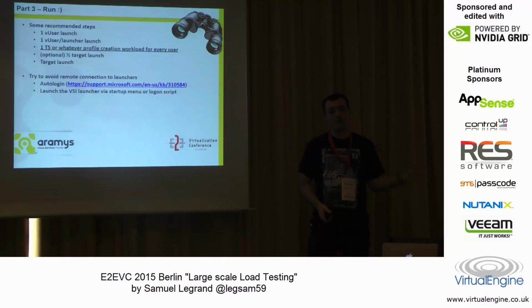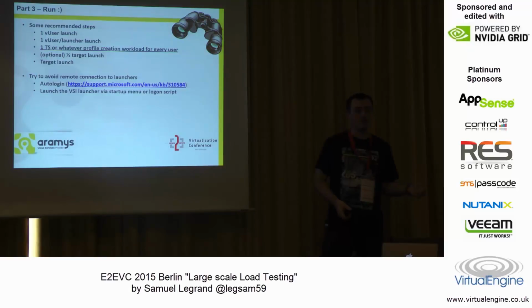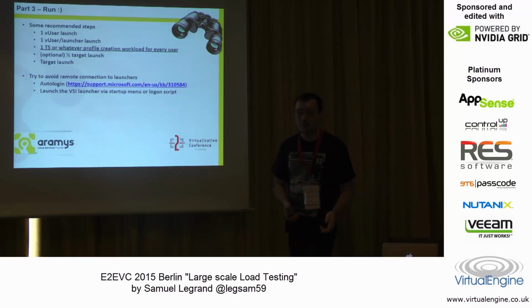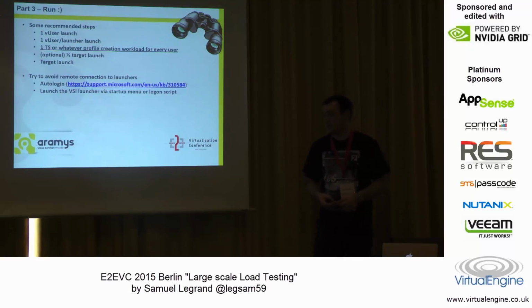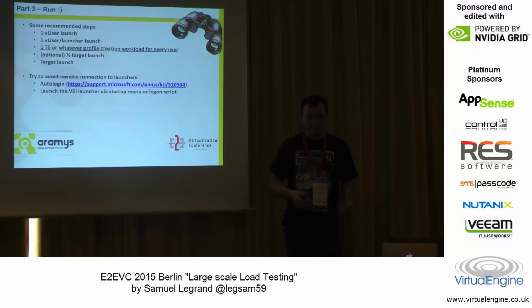You have to create a profile for each user, because the first connection of a user on the terminal server environment takes much more time than the second one. So you have to create every profile, and after that you can start an optional half target launch and the final launch. If possible, the target launch should be run 2 or 3 times in order to compare the results and be sure that there was nothing strange or special during the first test.